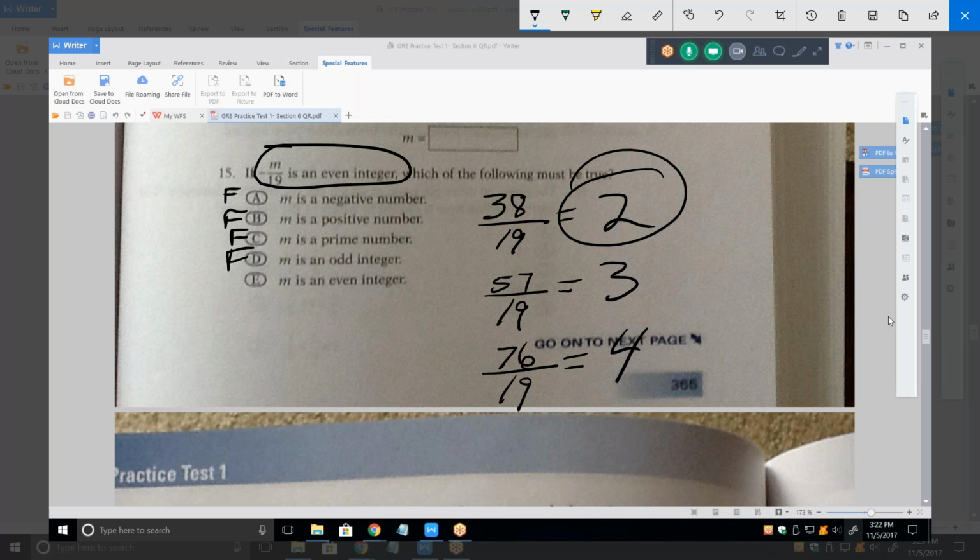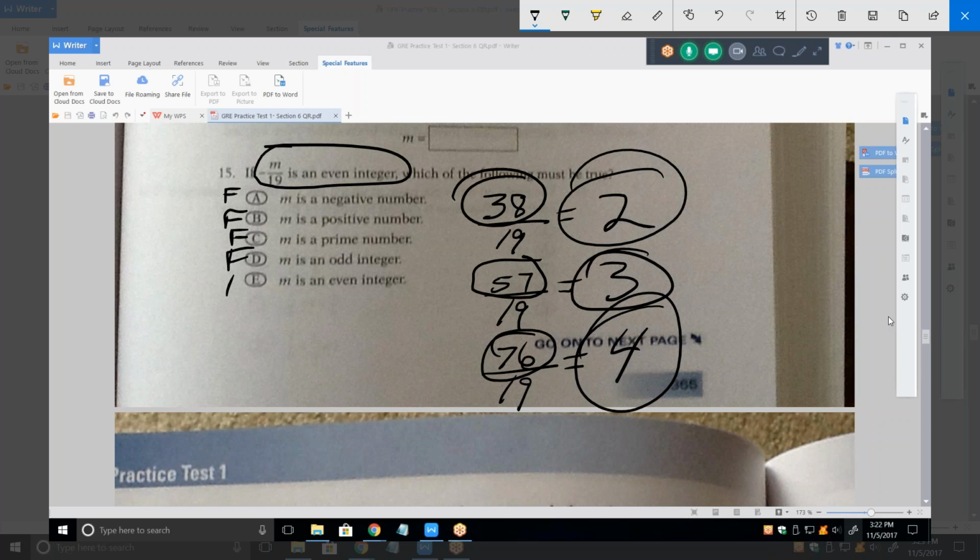Notice that all my even integers have an even m. Yes. When I use odd m's, even when they're multiples of 19, I get odd integers. Right. So this does have to be true. M has to be an even integer. Okay. All right.